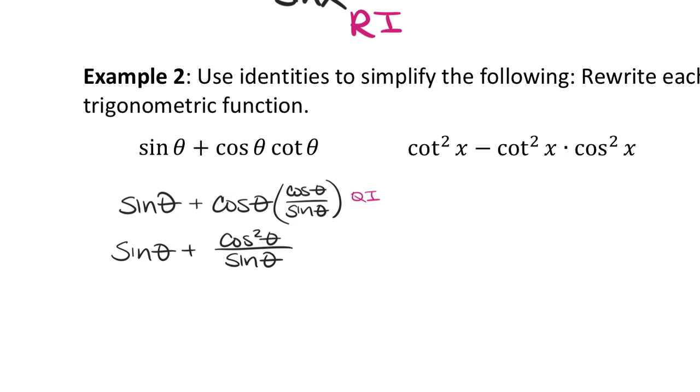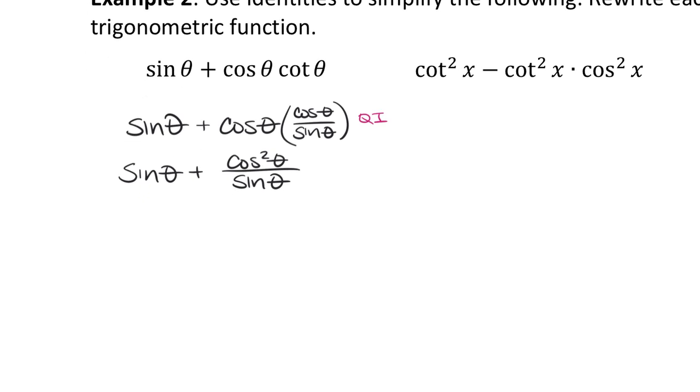If I wanted to add 2 fractions together, I know sine of theta is not a fraction right now, but we can put over 1 and then it's a fraction. What do they have to be able to add them together? Let's make them have a common denominator. What should I make the common denominator? Sine of theta. Okay. If I want these to both have a denominator of sine theta, what would I have to multiply that first term by to give it a denominator of sine theta?